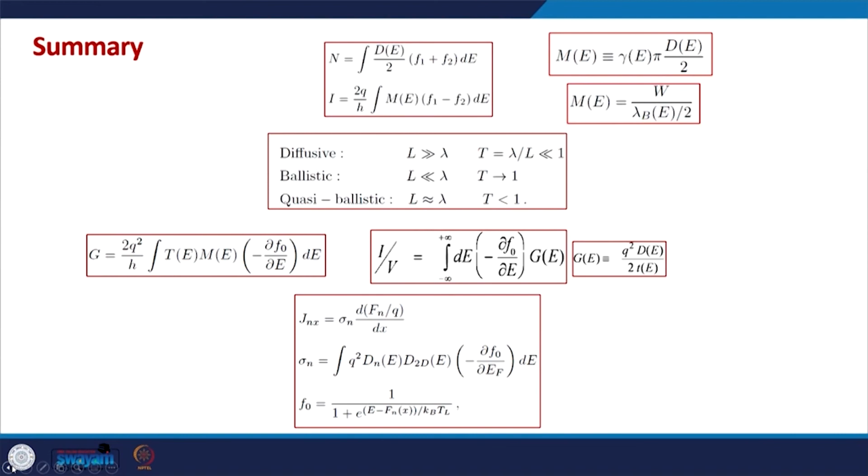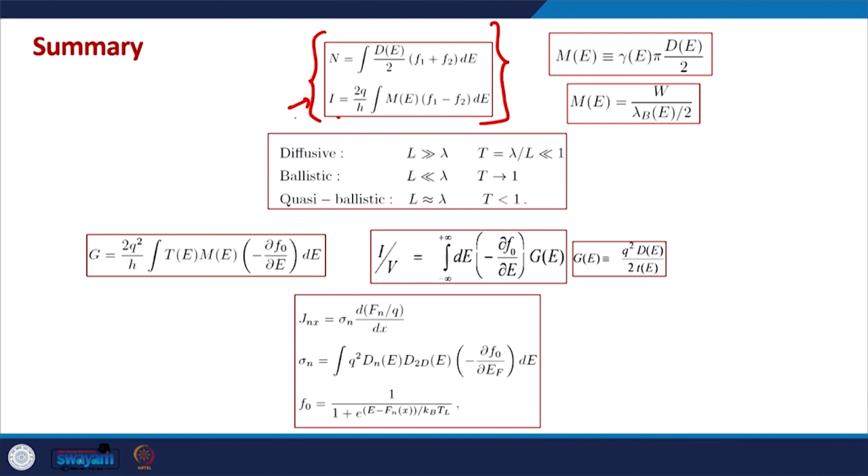By using the basic rate equations, we deduced these two expressions, the expressions for the steady state of electronic population and the steady state current. And I said in the beginning that these expressions are extremely important from the electrostatics point of view as well as from the transport point of view.